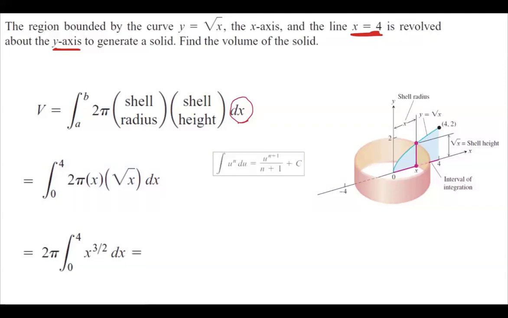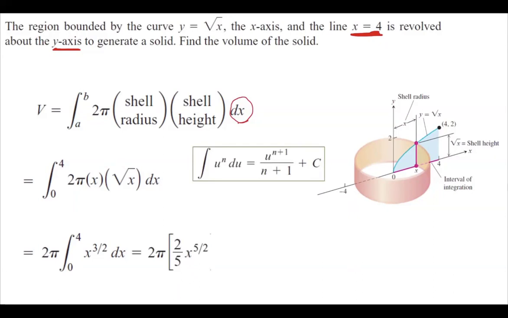So you end up with 2 pi times 2/5 x to the power 5 over 2, ranging between 0 and 4. After you plug in 4, it becomes 128 pi divided by 5. Remember that 4 can be written as 2 squared. So when you write 2/5 x to the power 5 over 2, it is 2 squared to the 5 divided by 2, and you can cancel out the 2 and 2.